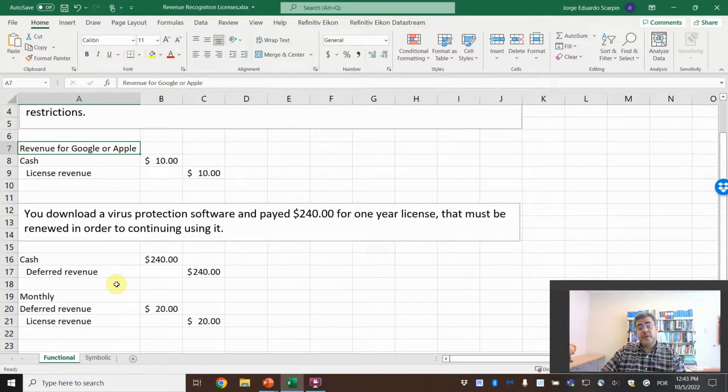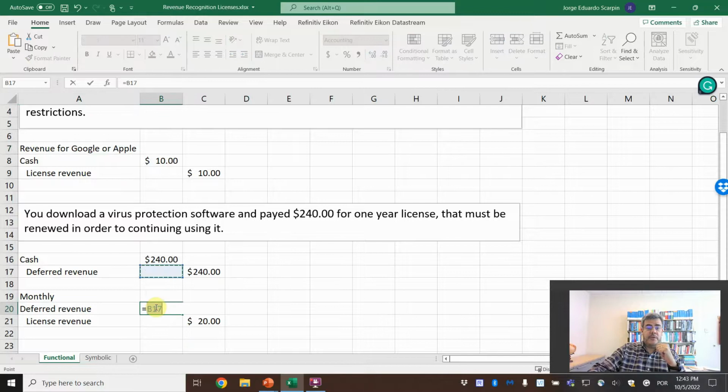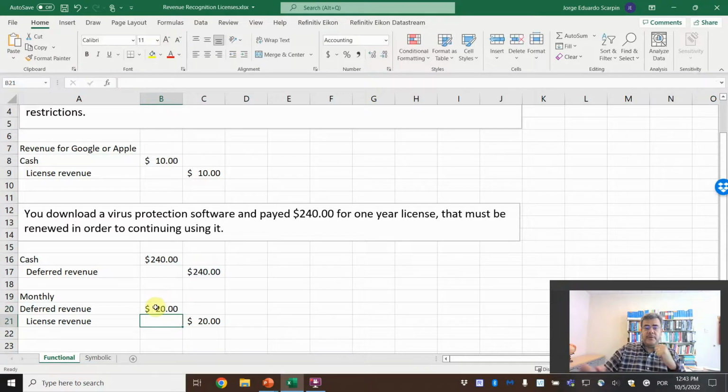So monthly, you recognize 1/12 of $240. So deferred revenue and license revenue, $20 per month. That is deferred revenue divided by 12.